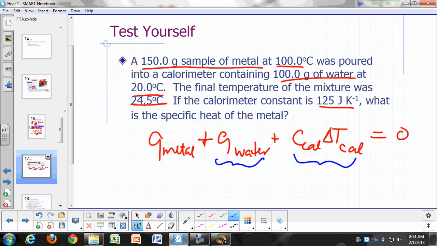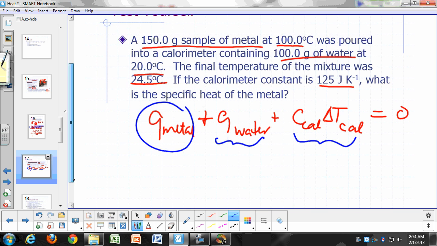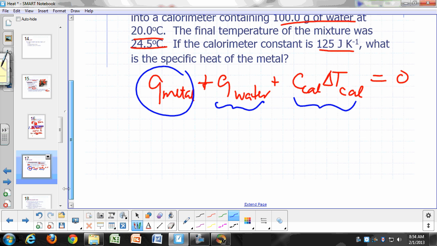You can calculate Q water. You can solve for Q metal. And once you know what Q metal is, how do you get the specific heat of the metal? Q metal is mass times specific heat of the metal times delta T of the metal, right? So you can divide that by the mass and the delta T. That would allow you to solve for the specific heat of the metal.